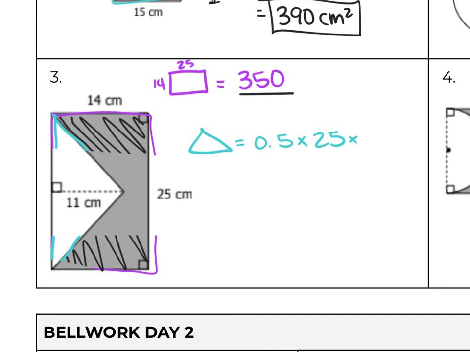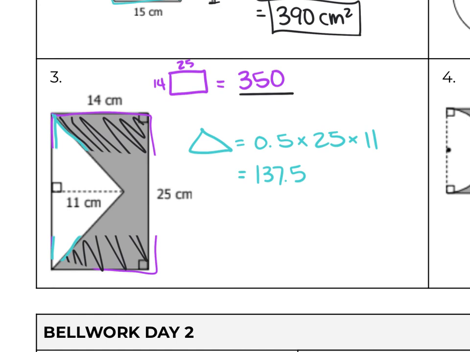Times, what's the height? 11, good. So 1/2 of 25 times 11. You will get a decimal. Brendan, what did you get? 137.5. Good.